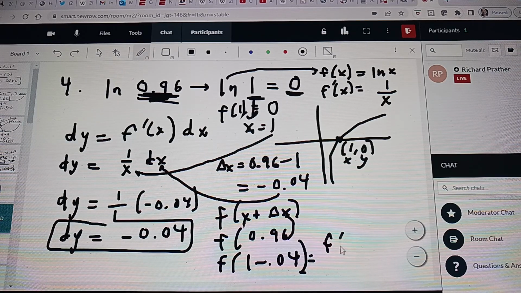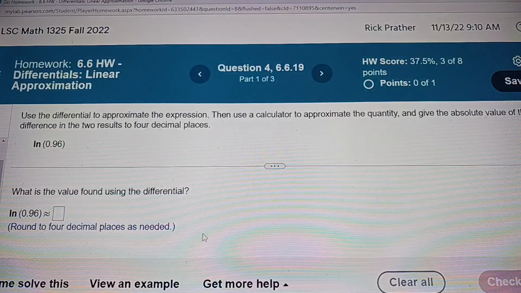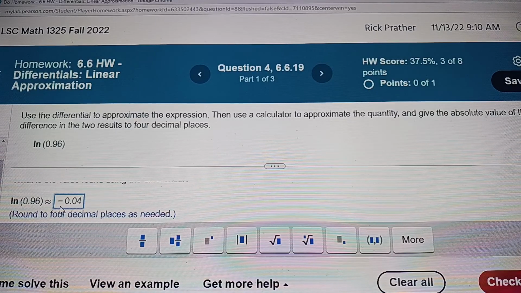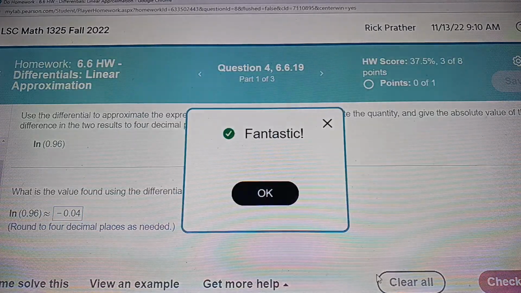So f of 1 is 0, and then you minus your little dy. Or add. Normally it's adding, but adding a negative, same thing as subtracting. So then I would get that this is negative 0.04. So doing this with calculus, the approximation is negative 0.04, and that was all done without using a calculator. Negative 0.04 is the by hand method using calculus.